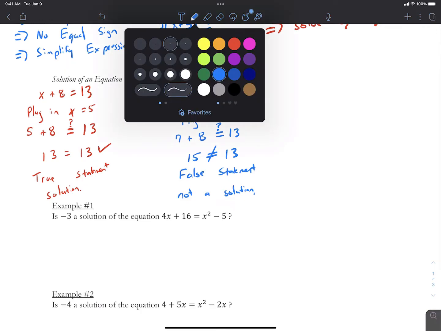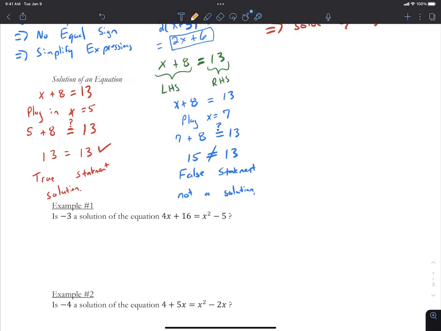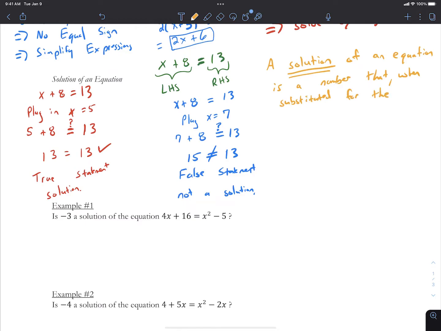So I can write this up. A solution of an equation is a number that, when substituted for the variable, results in a true equation.